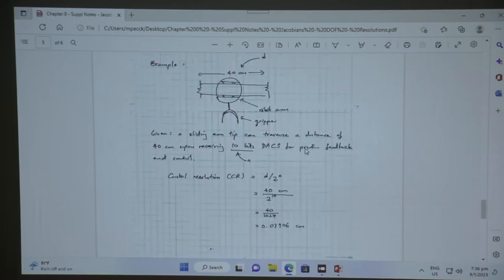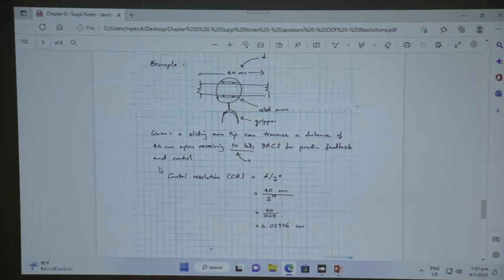So for example, if I have a robot arm moving along a bar in this manner, this distance D is 40 cm. This is a robot arm, and then you have a gripper over here. So you have a sliding arm that can traverse a distance of 40 cm with a 10-bit DACS for position feedback and control.